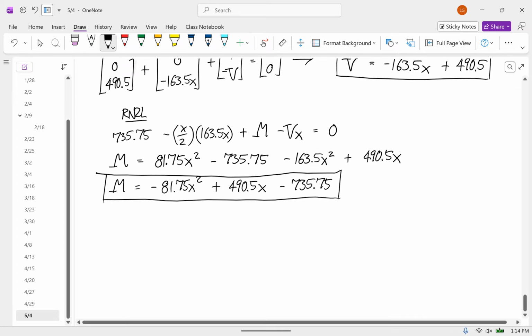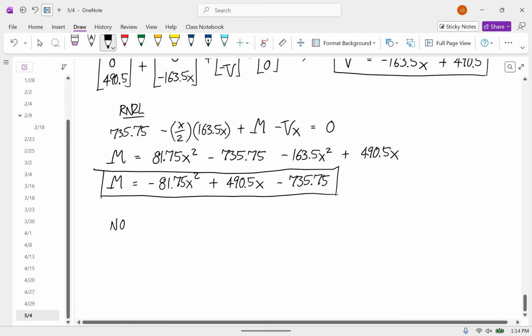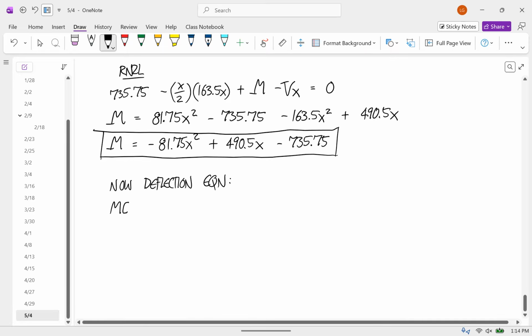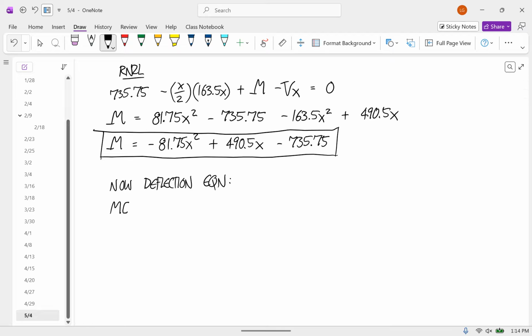Now we're going to go to the deflection equation. So the deflection equation says M over EI is equal to the second derivative of the deflection. I'm going to write this as M is equal to E times I times the deflection. Am I going to do that?